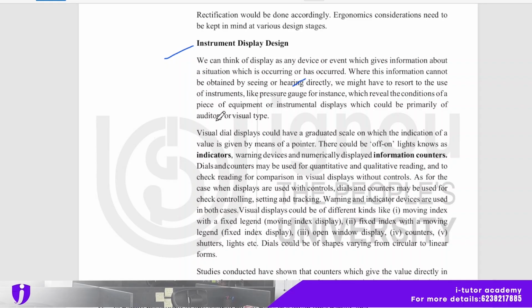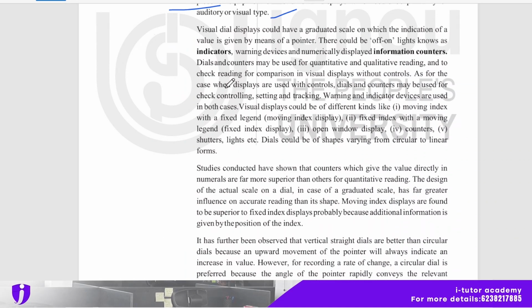And we might have to resort to the use of instruments like a pressure gauge, for instance, which reveal the condition of a piece of equipment, or instrumental display, which could be primarily auditory or visual type. And visual dial display could have a graduated scale on which the indication of a value is given by means of a pointer. And there could be on/off lights known as indicators, and warning devices, and numerically displayed information counters.